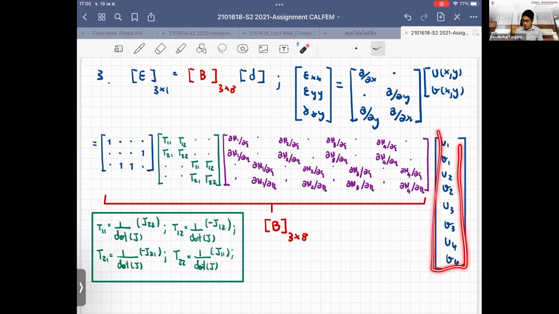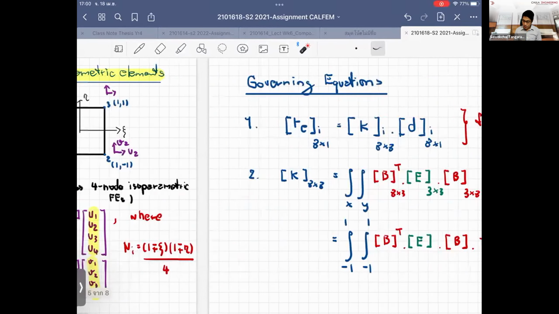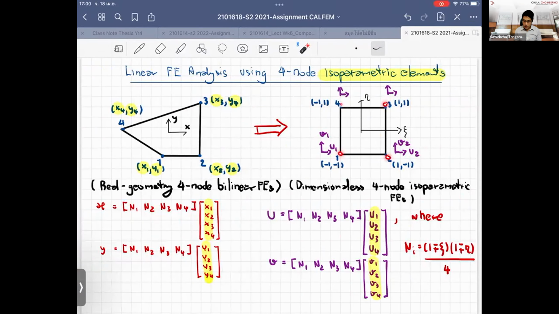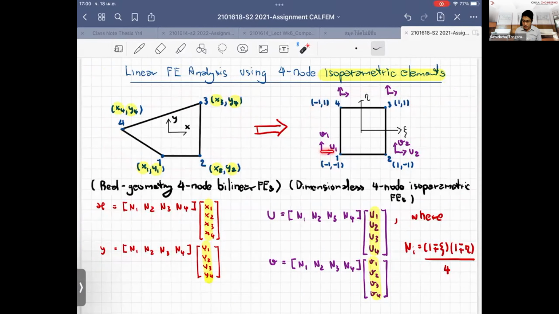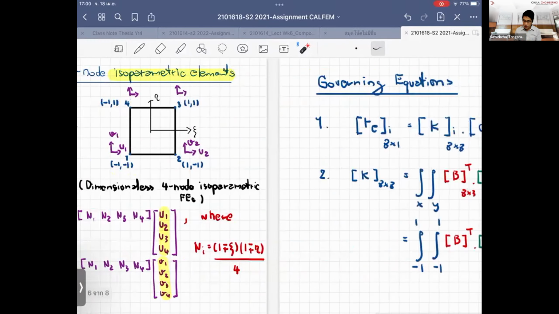And that can be written in terms of the unknown displacements at each of the nodes. Remember, we have 4 nodes here, right? We transform this geometry to become this geometry. So the displacement will be at node 1, u in x, v in y, and we keep running the displacement for the 4 nodes, so that you have 8 of them.